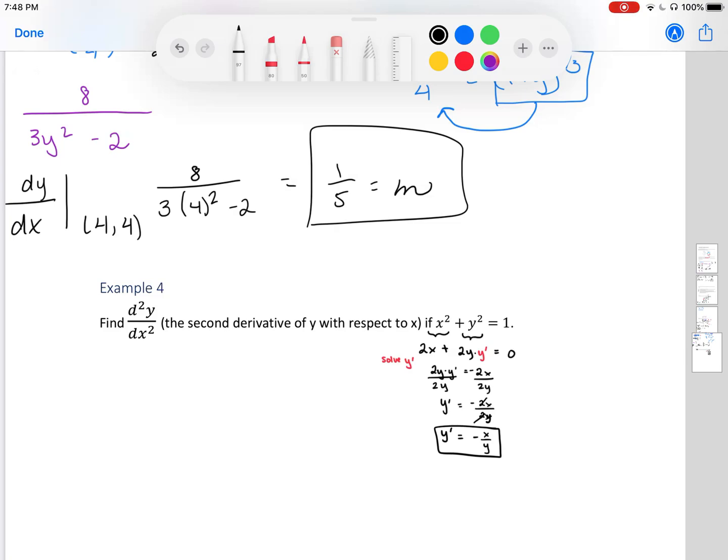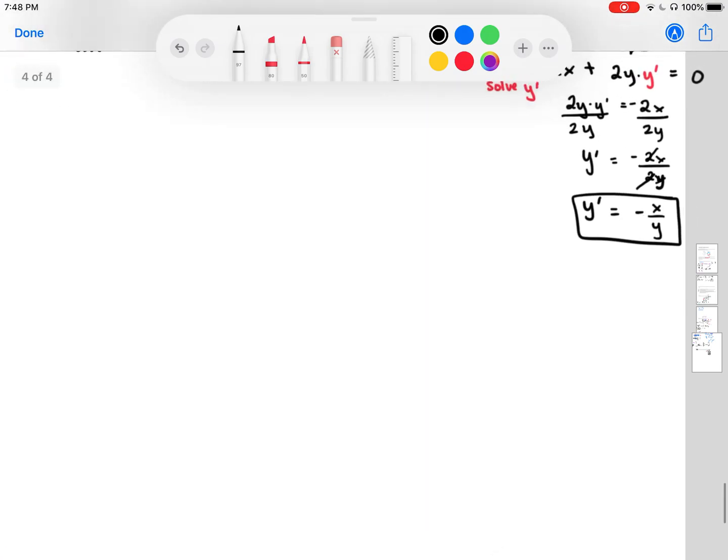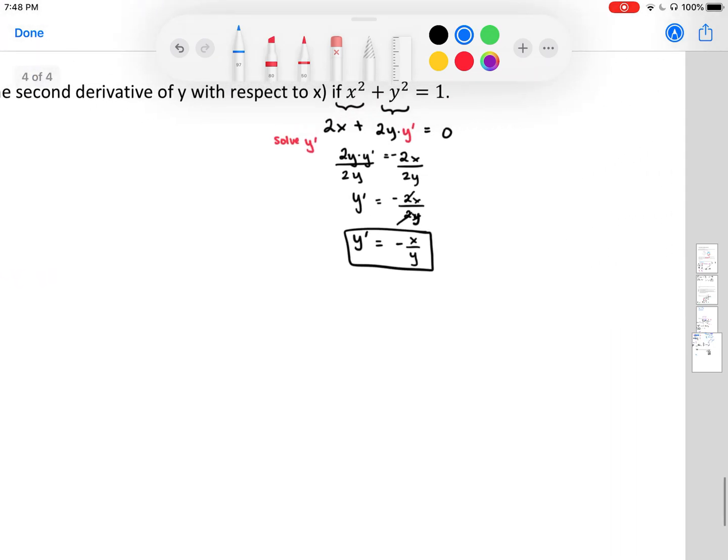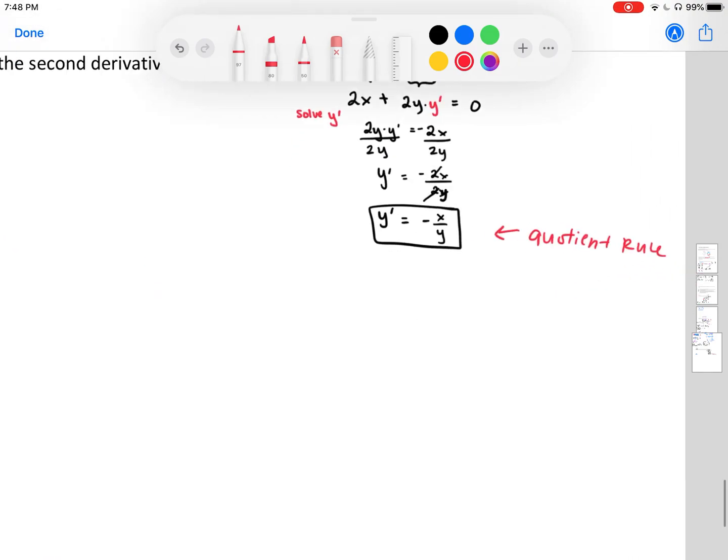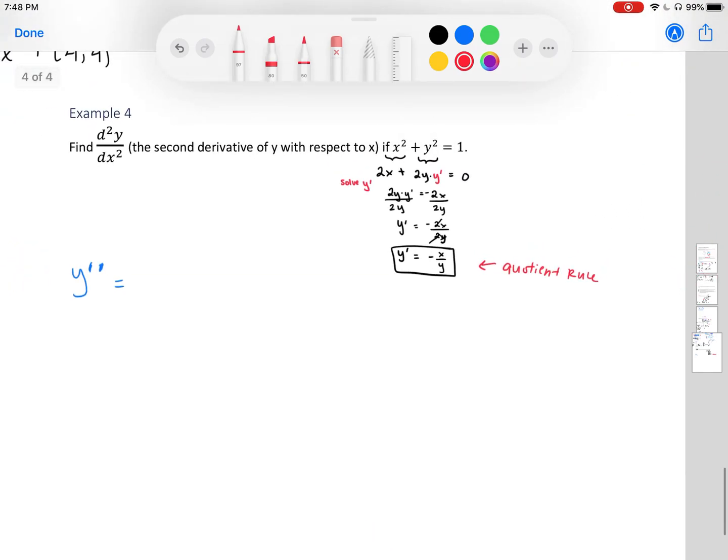So let's take the derivative again. So y double prime is equal to, okay, well, if we wish to take the derivative again, we have to deal with the quotient rule. Now to recall the quotient rule, sorry for going back and forth, we have x and y. It's the derivative of x times y minus x times the derivative of y, divided by y squared, right?